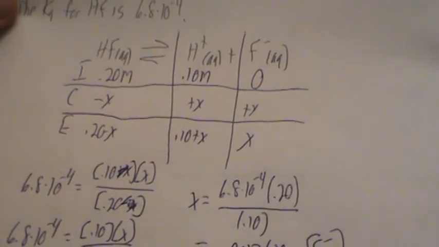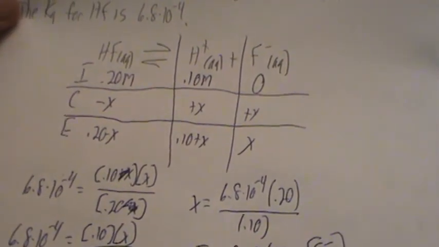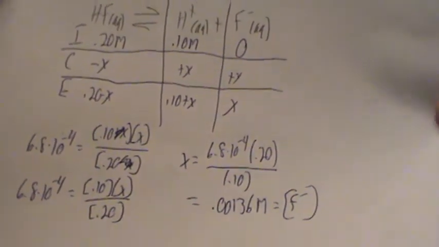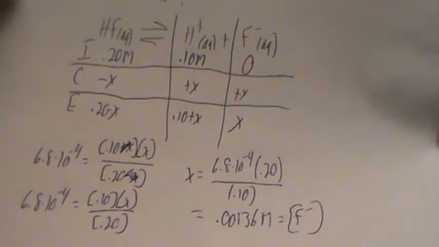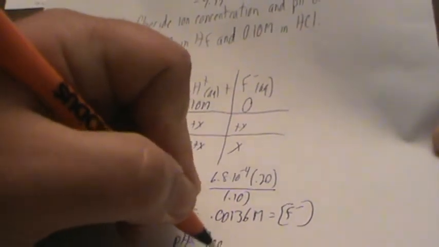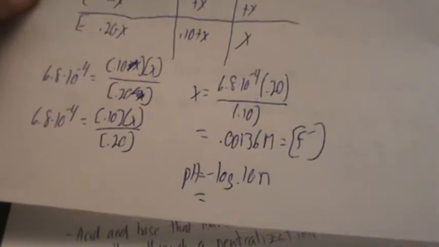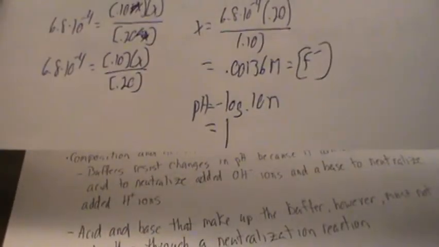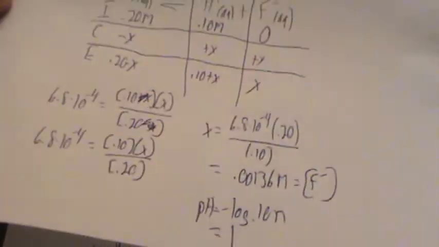We're starting off with 0.1 and we're adding 0.00136. Hopefully in your mind you're saying no, and that would be correct. So pH, negative log 0.1. Now this would be right around a pH of 1. Okay?